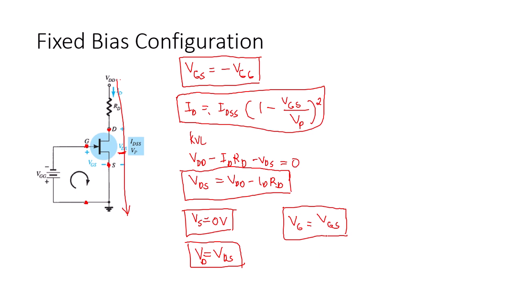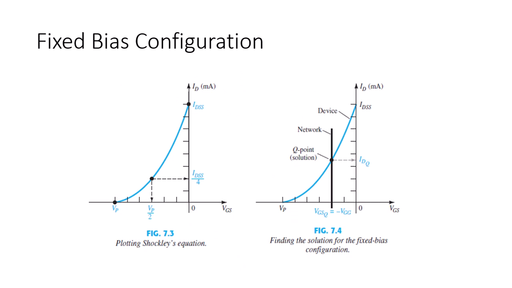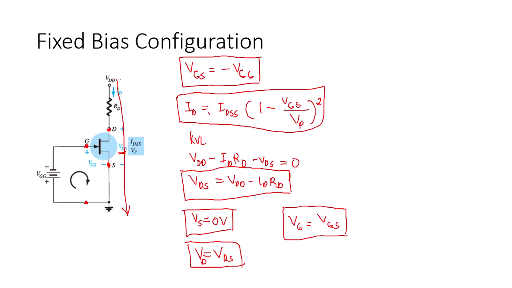So this will be the mathematical approach for the JFET, of the first configuration, which is the fixed bias configuration of a JFET.